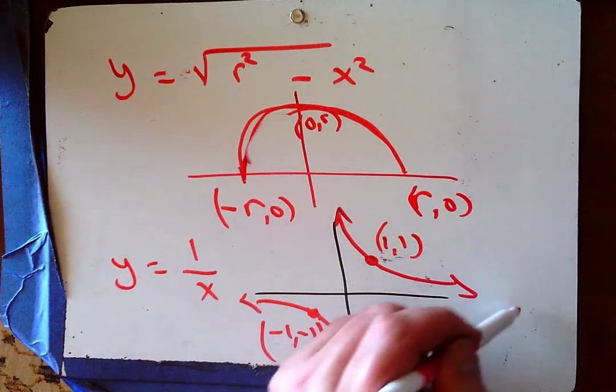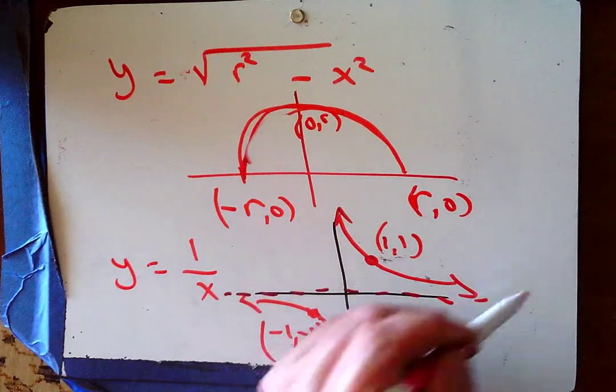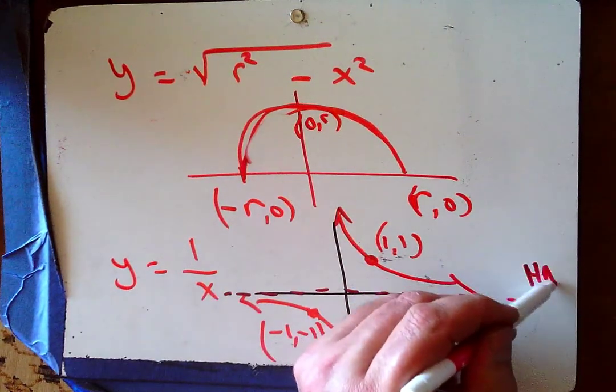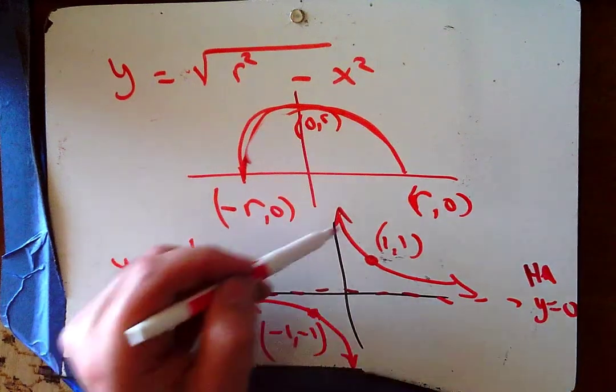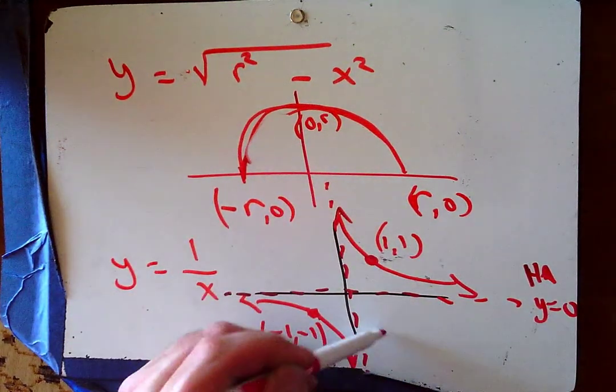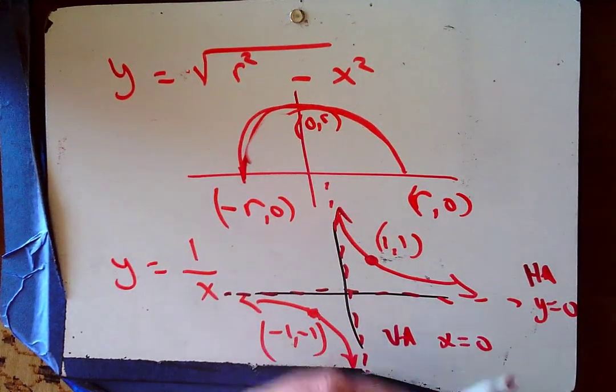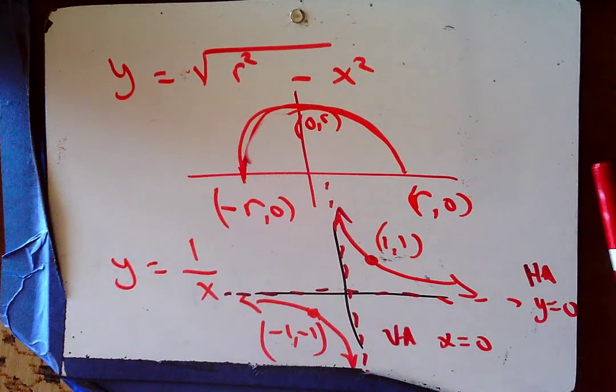But please don't forget to draw and label the horizontal asymptote y equals 0 and the vertical asymptote x equals 0. Okay? We need to have these asymptotes labeled when we graph rational functions.